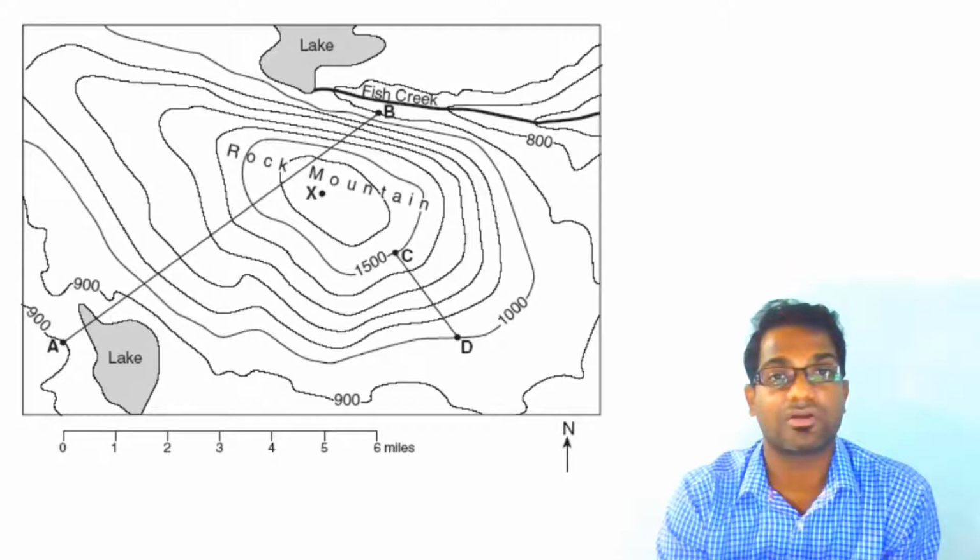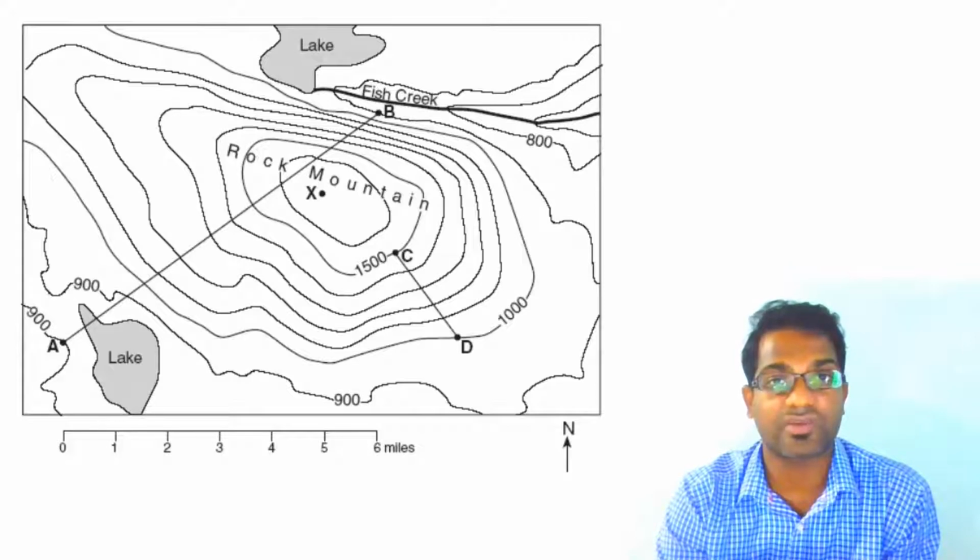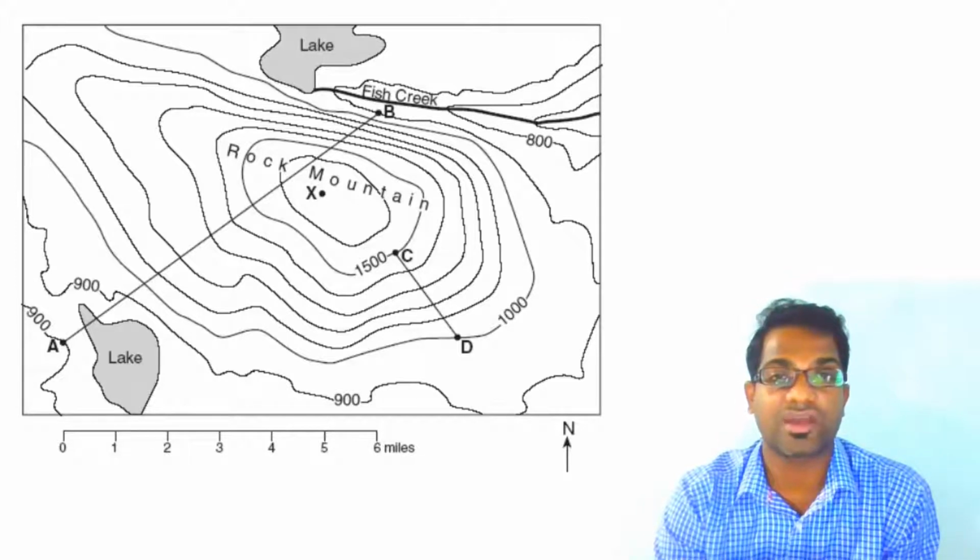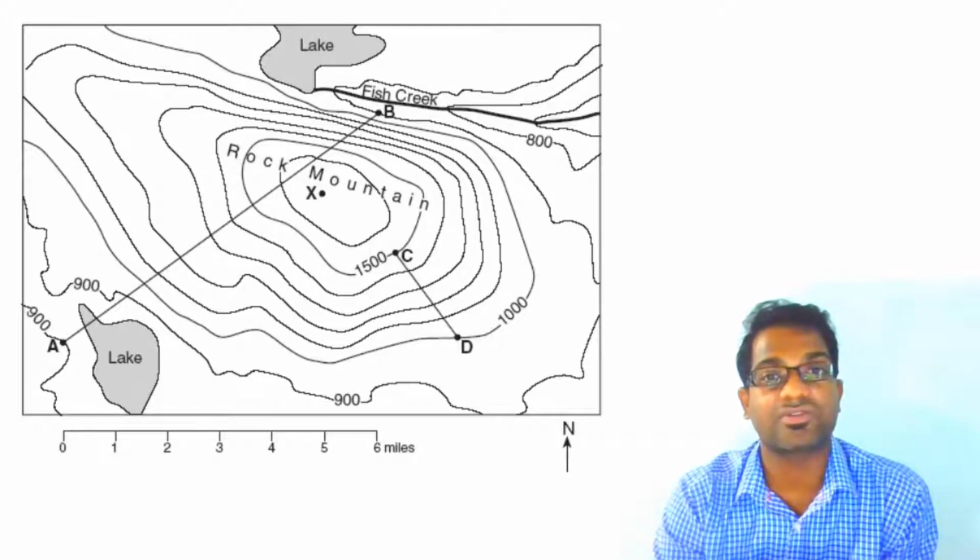The lines joining the equal elevations on the ground surface are called contours. Equal elevations means these distances or elevations are calculated with reference to some point.